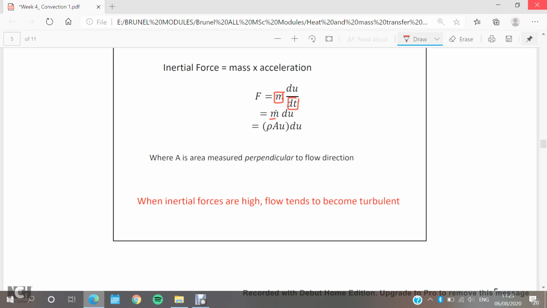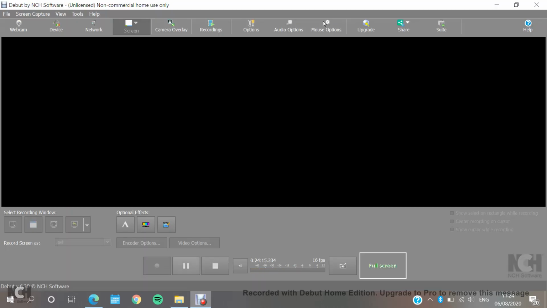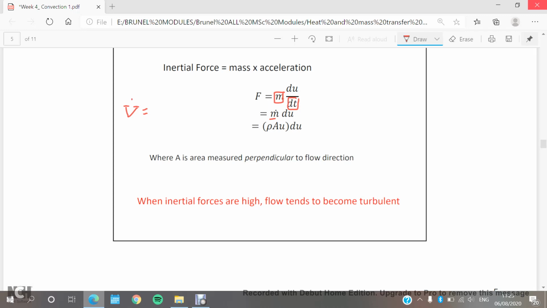Okay, remember that Q, or let's call it v dot, which is the volume flow rate. What is the relation between the volume flow rate and rho? Rho is equal to m over v, or m dot over v dot, which means rho times v dot is equal to m dot. So we can put rho times v dot instead of m dot.